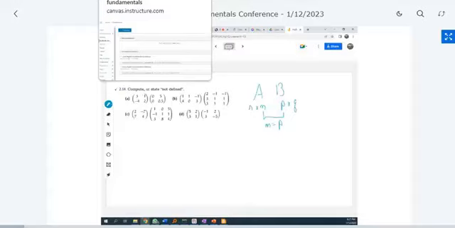Or in other words, if I write it this way, it may be more clear. If I have n rows and m columns, then this must have m rows, and I can call this q columns. It really doesn't matter. So the number of columns of the first is equal to the number of rows of the second.